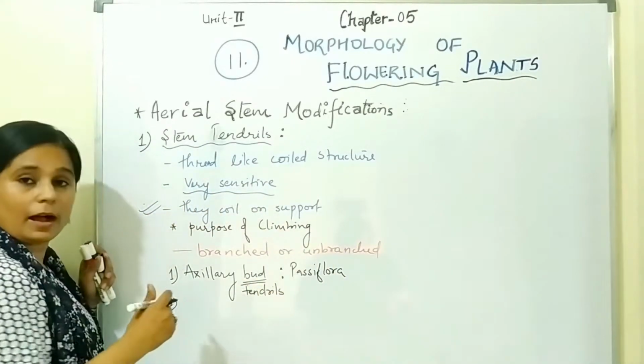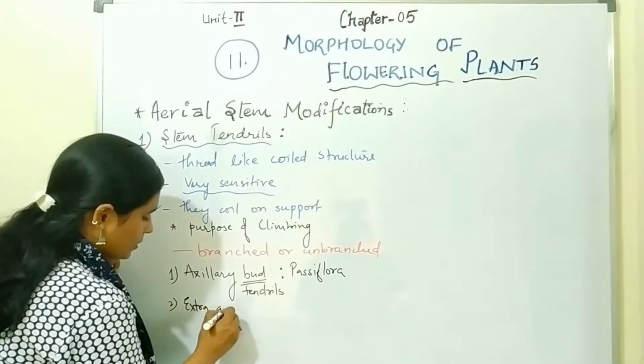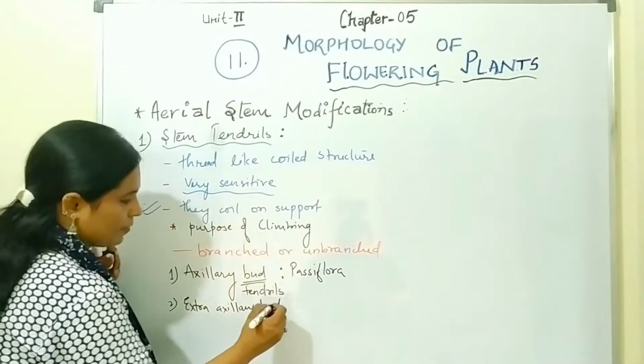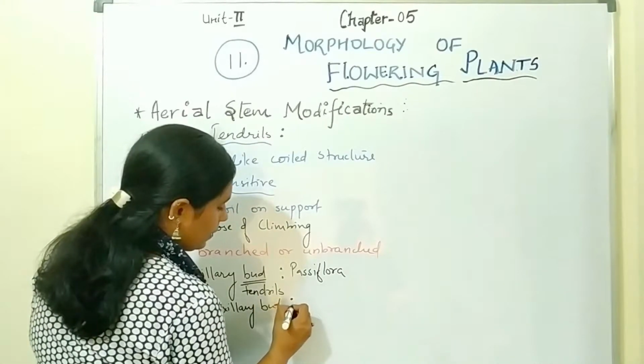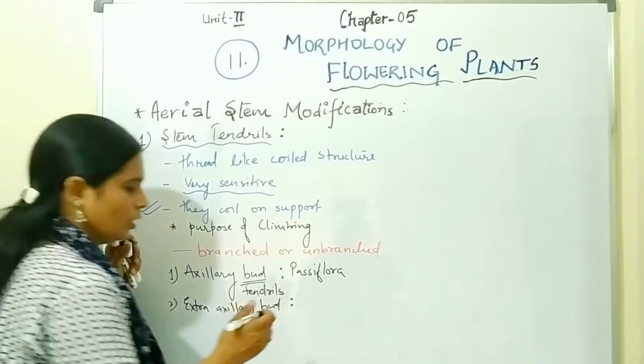Then there are tendrils which derive from extra axillary buds. Such tendrils you have seen in Cucurbita.